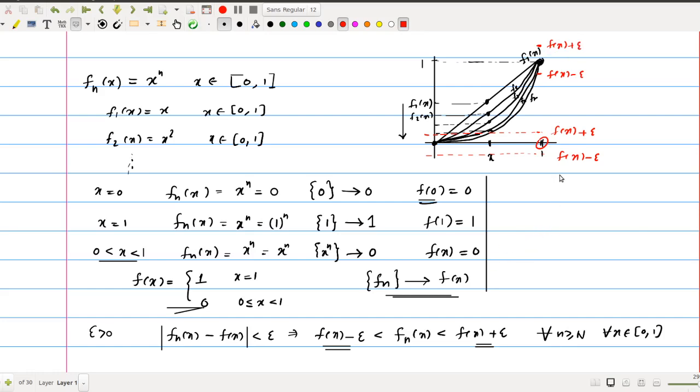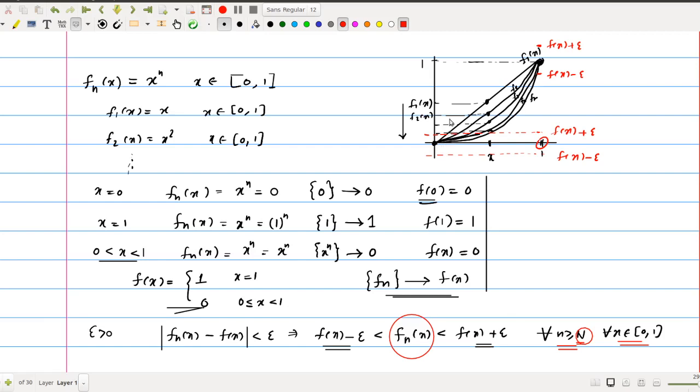Okay, now you consider a particular stage capital N such that for all n greater than or equal to N, we have f of x minus epsilon < fn of x < f of x plus epsilon for all x belonging to this. That means the graph of every fn of x after this capital N should lie inside the functions f of x minus epsilon and f of x plus epsilon.